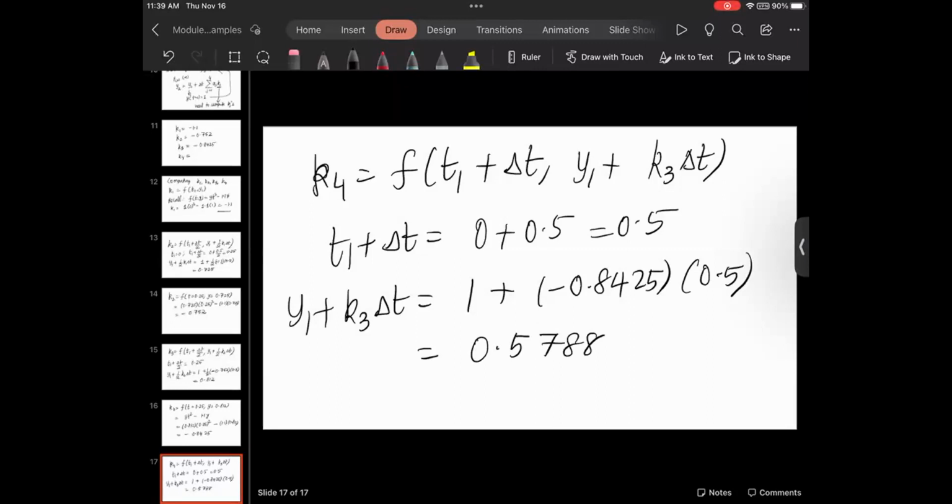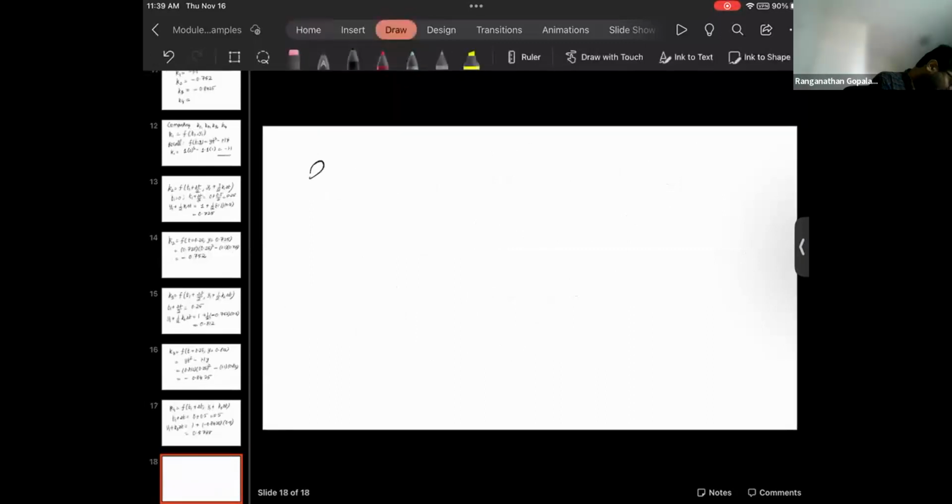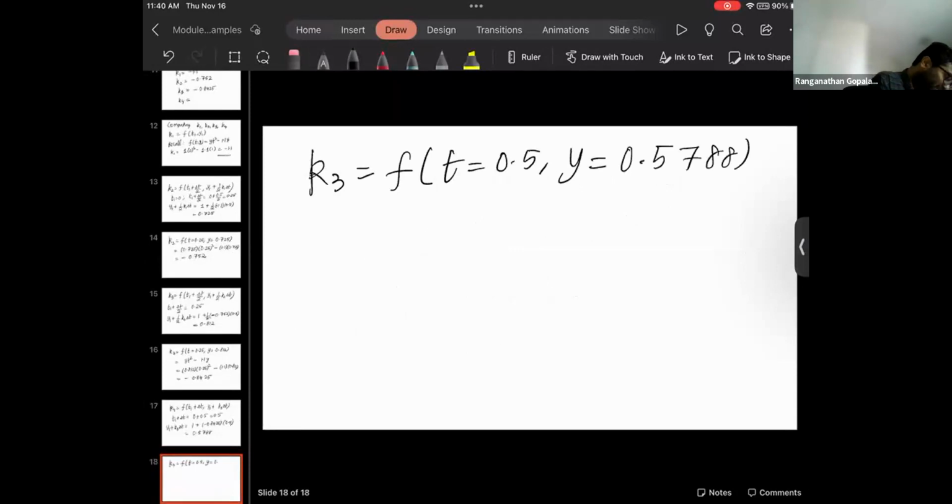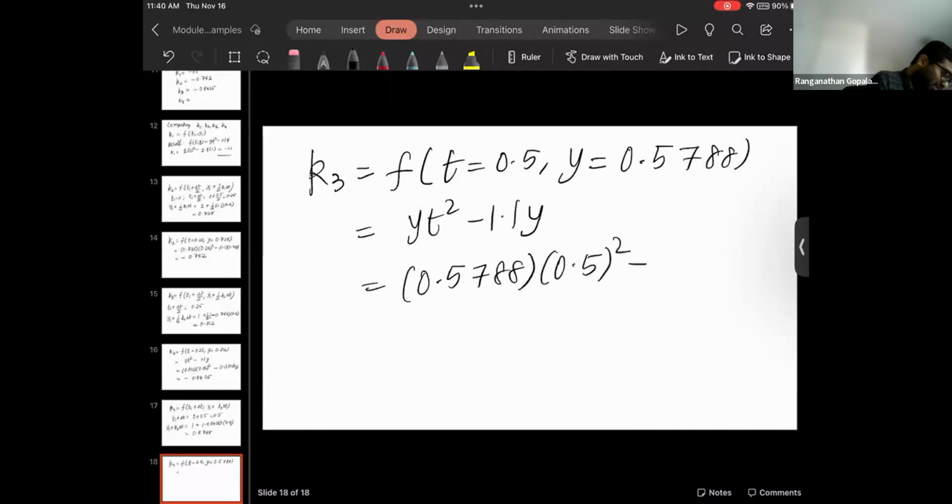So now the last step is to actually compute K4 as the function evaluated at t equals 0.5 and y equals 0.5788, which is y t squared minus 1.1 times y, 0.5788 multiplied by 0.5 squared minus 1.1 times 0.5788.